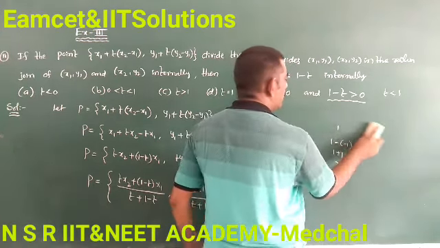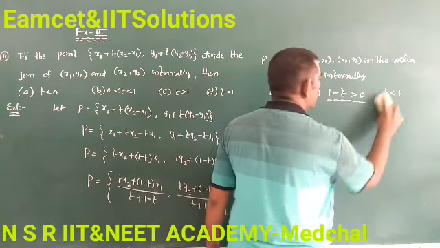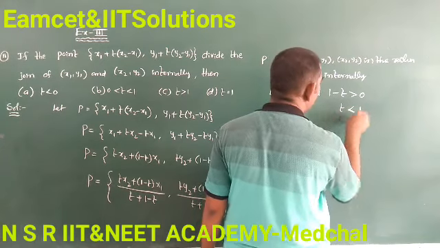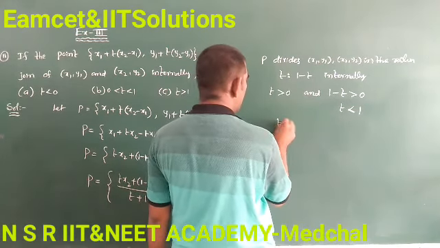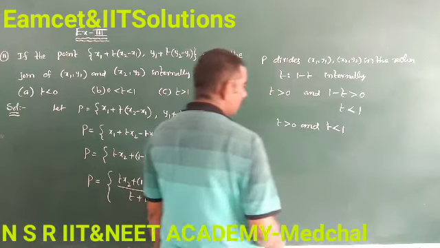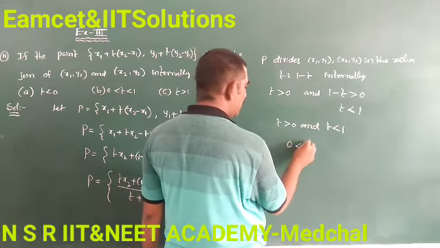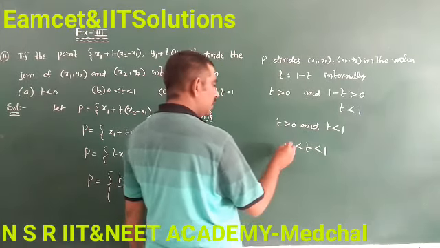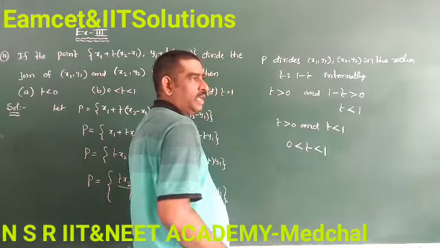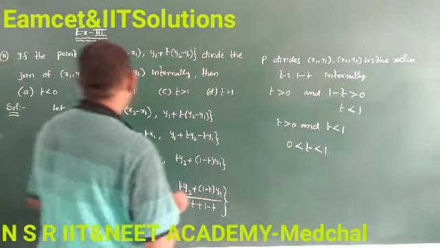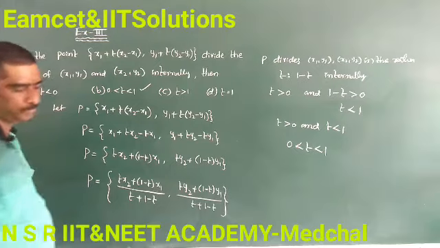So the condition 1 minus t greater than 0 is satisfied if t is less than 1. So here t is greater than 0 and here t is less than 1. So the t value is between 0 and 1: 0 less than t less than 1. So our answer is B.